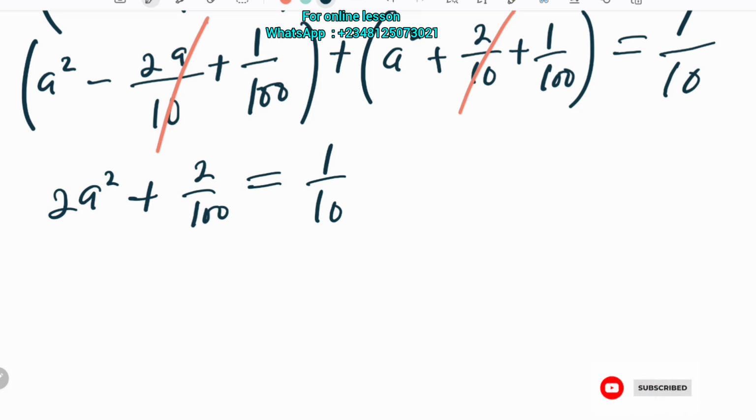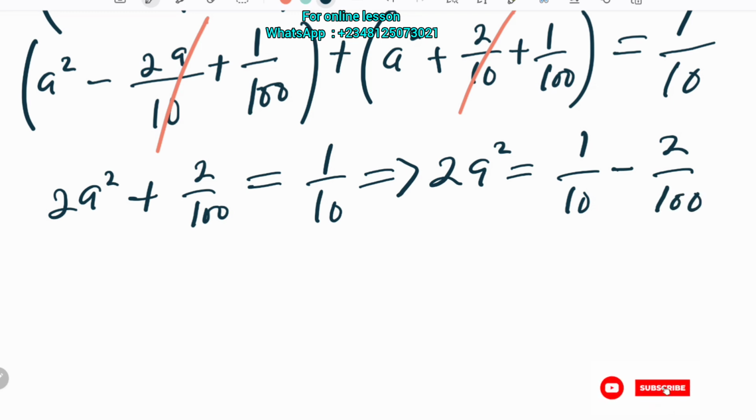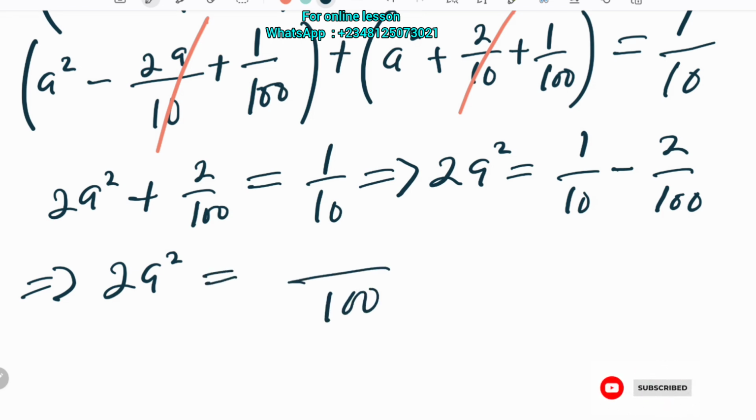Isolate. If you like, we can cross multiply. No, we can multiply both sides by 100, or you simply isolate. So it will now imply that 2a squared equal to 1 over 10 minus 2 over 100. So we can have 2a squared equal to, the LCM there is 100, we have 10 minus 2.